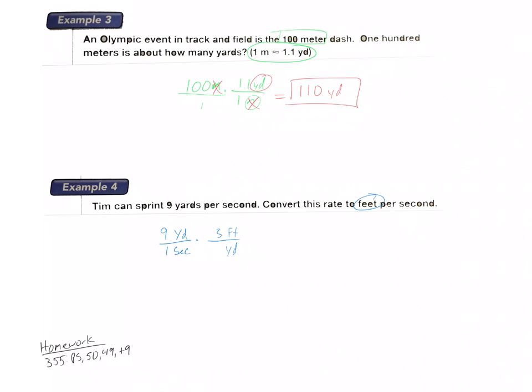And I remember that 3 feet is the same thing as 1 yard. So let's see what we can reduce. The yards reduce with yards. So I have 9 times 3, which is 27, and the units on top are feet. And then I have 1 second times 1, so it's going to be 1 second. So I can write it like this, 27 feet per second.